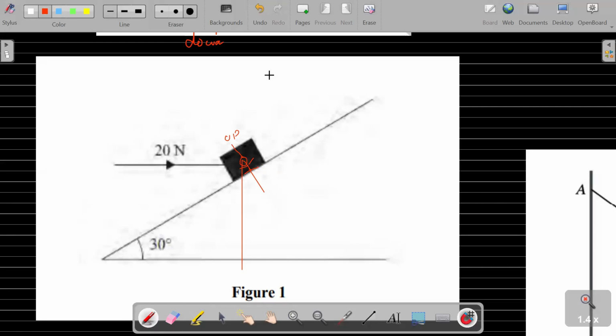So what will be the rules? Rules for inclined plane. Rule number one, we will be drawing three lines. So the first line will be drawn for the line of mass.